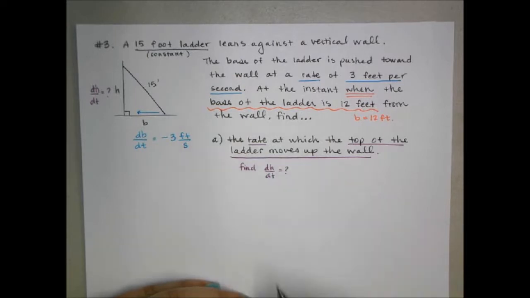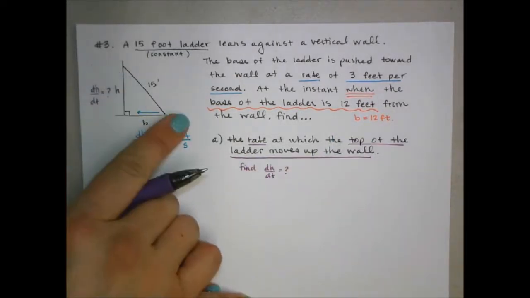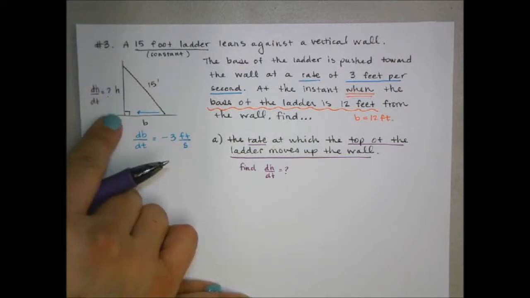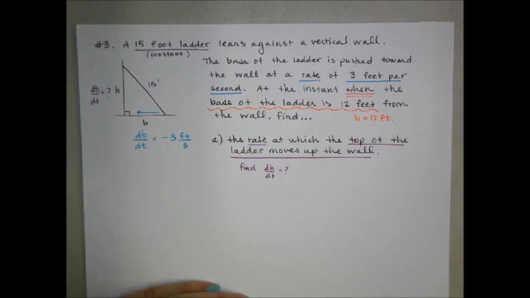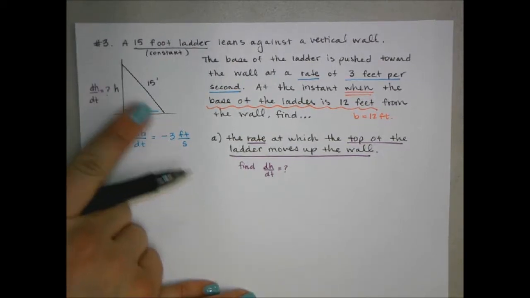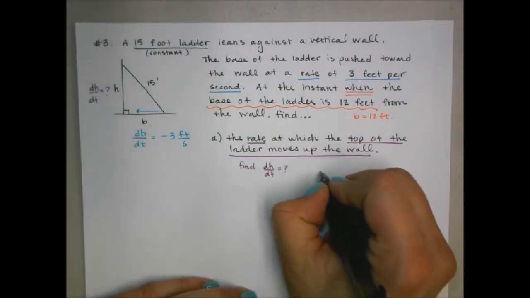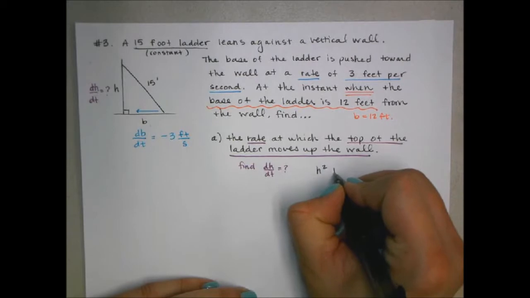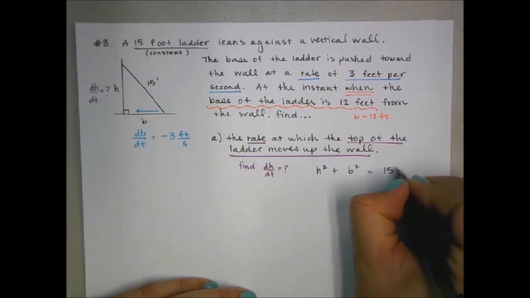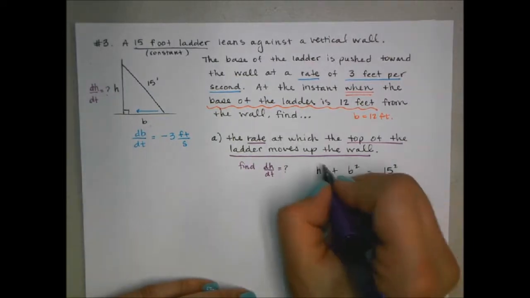Knowing dB/dt, and that B is 12 and the ladder is 15, what formula relates our three sides together for a right triangle? That should be the Pythagorean theorem. So H squared plus B squared is equal to 15 squared. We take the derivative of each side with respect to time.